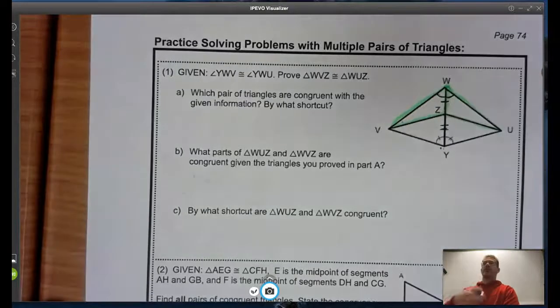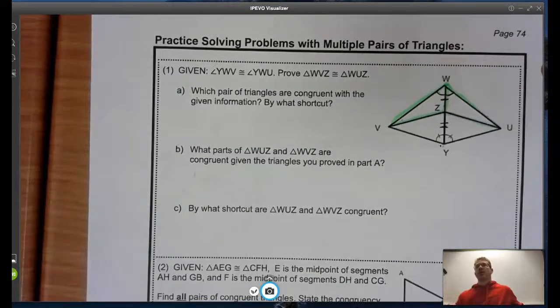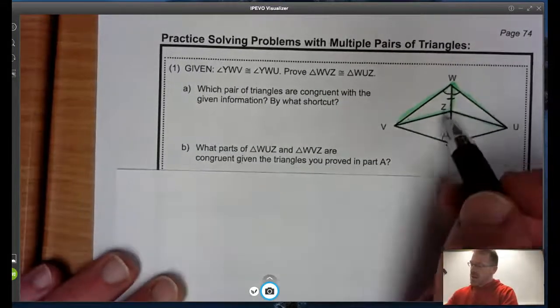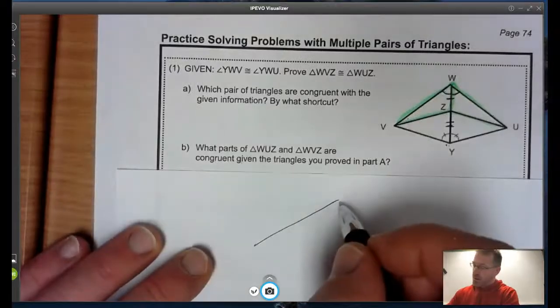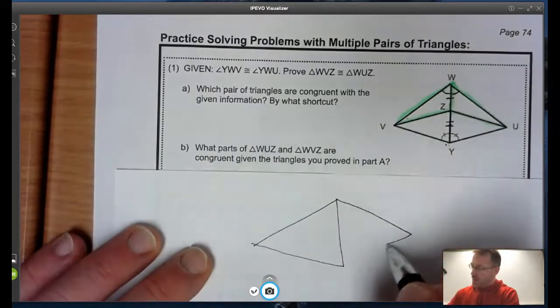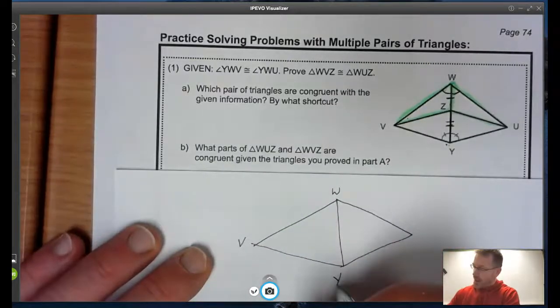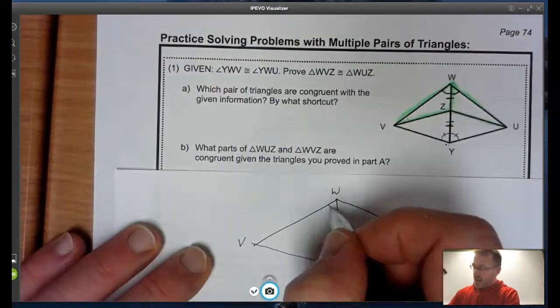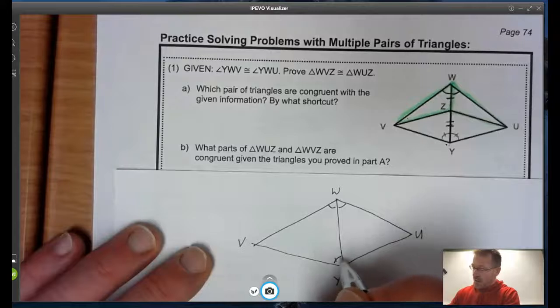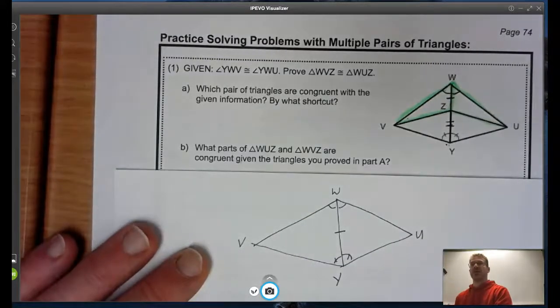And that's all dependent on the big picture. When I look at the big triangles, what do I see? Once again, I'm going to take out the middle part here, and this is what I see. Let's see if you guys see this too. I'm just going to draw this and look at the big triangles like this. I can see that these angles are congruent, these angles are congruent, and once again, they share that side in the middle.